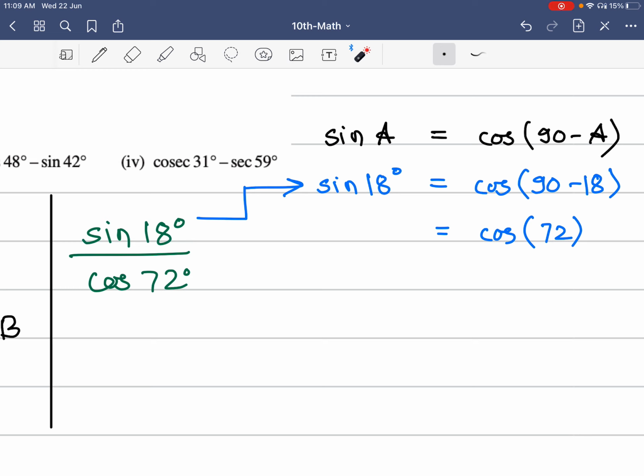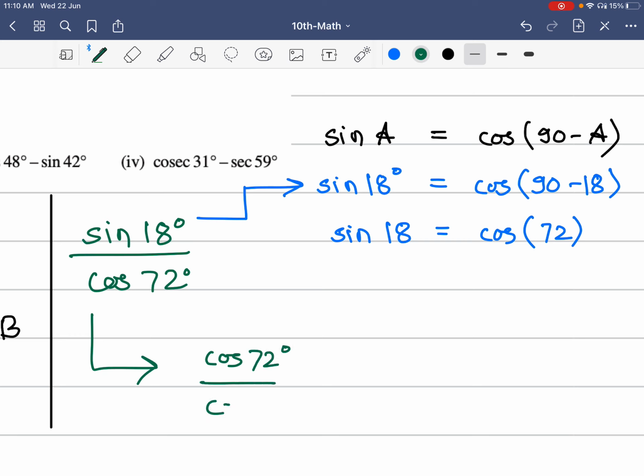So I'm going to resubstitute this here. Sine of 18 is equal to cos of 72, and thus if you resubstitute, we have cos of 72 on the numerator and cos of 72 on the denominator.